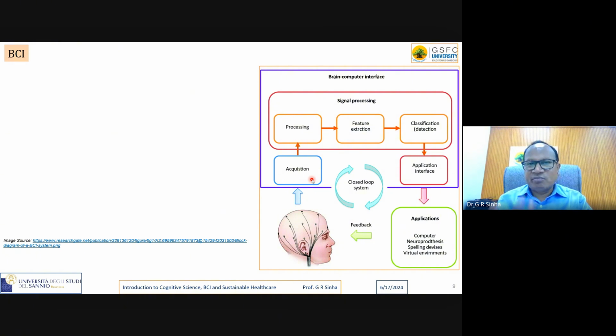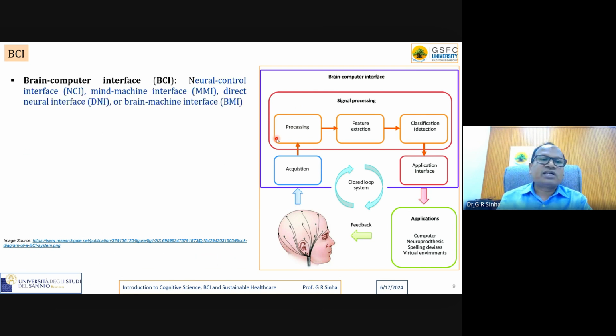That needs to be removed or reduced, and therefore pre-processing is always needed in any signal processing. Raw data is not understood by the computer. So you extract the features, create the feature vector, and then use a classifier, and that classifier can classify different features, different parts of the brain for different applications.